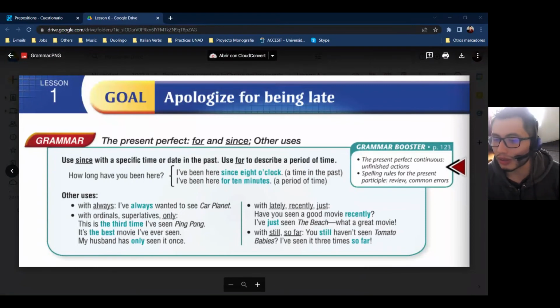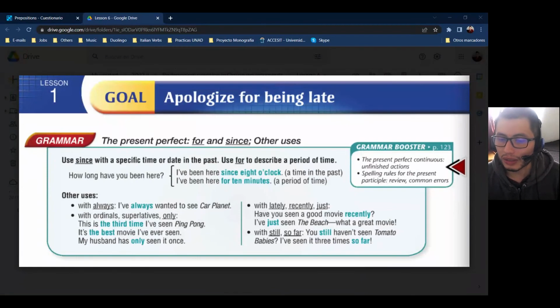So maybe I will do it in the future. So still must be between the subject and the auxiliary. You still haven't. Or the other option is to use yet, but the difference is that yet goes at the end of the sentence. Okay. So, so far.